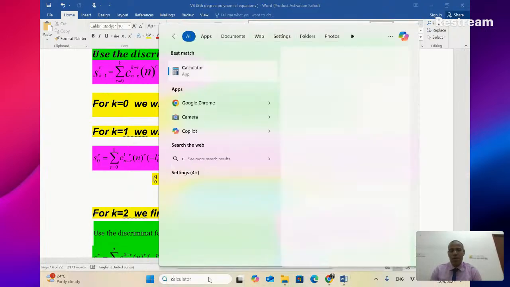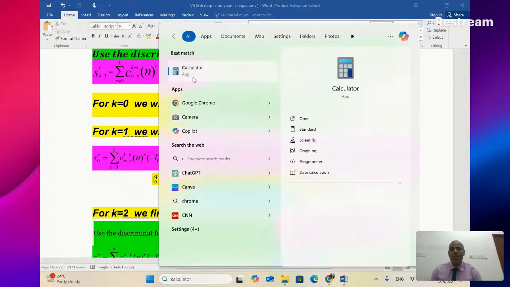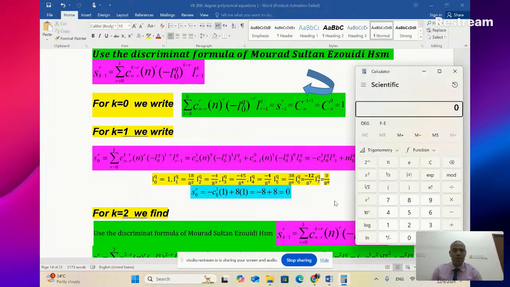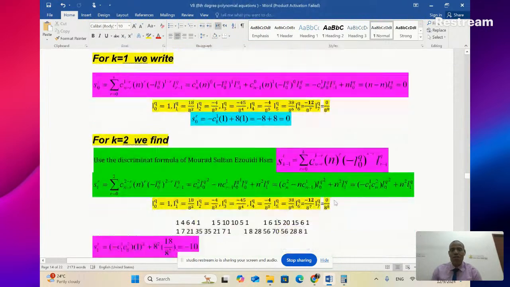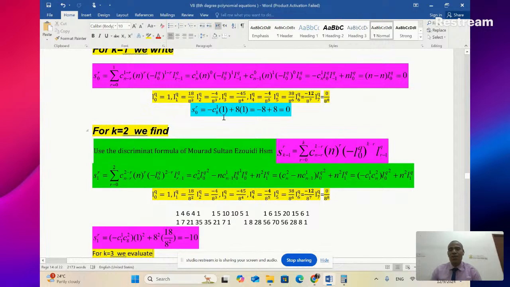Okay, now I want to find, now learners, the value of S1. To find S1, learners, you should set k equals 1 in the decimal formula of mine, which is written as S_{k-1} of order r equals the sum from 0 to k combination n minus r choose k minus r and raise to the power r between parentheses negative L0 for the cube raised to the power k minus r times L_{r-1} of order q.